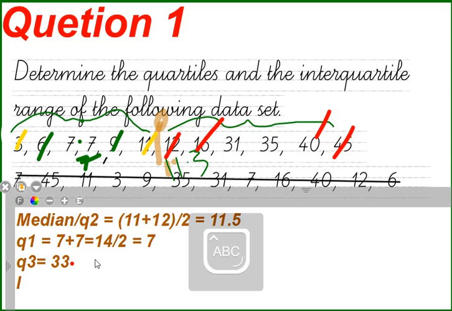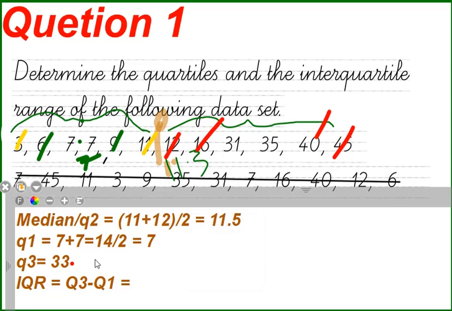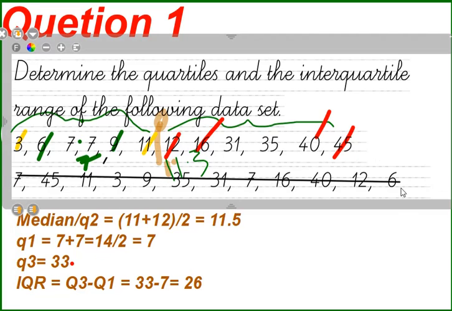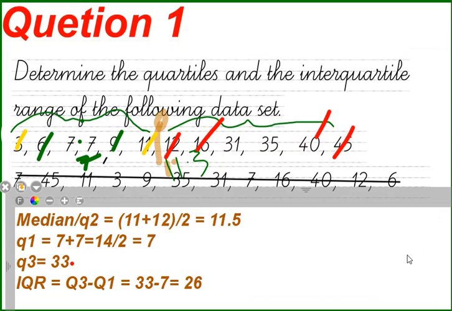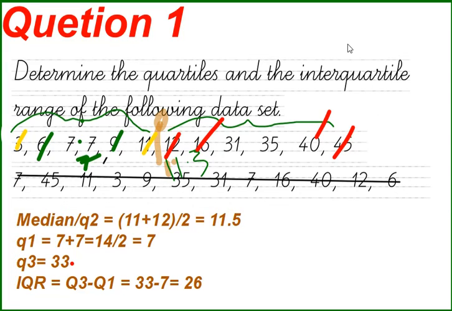So let's write IQR, in short, interquartile range, is equal to Q3 minus Q1, and that is 33 minus 7, and we get that the answer is 26. And so that's how you work with these things, you guys. That's it for this question, and we'll move on to the next question.